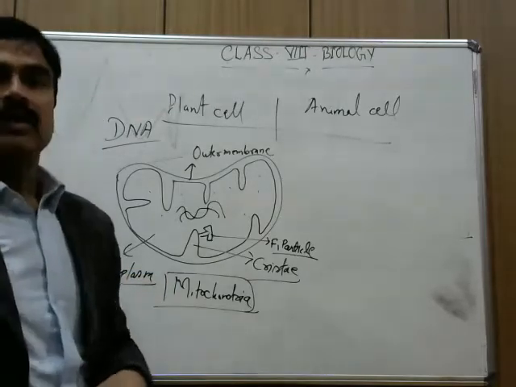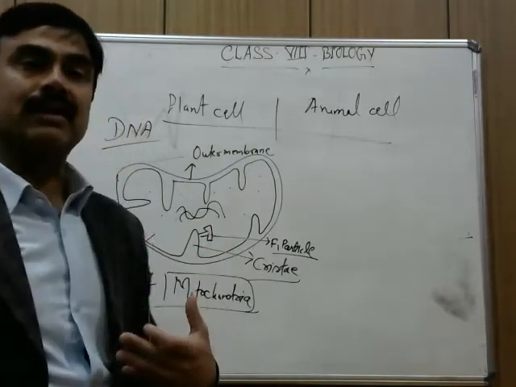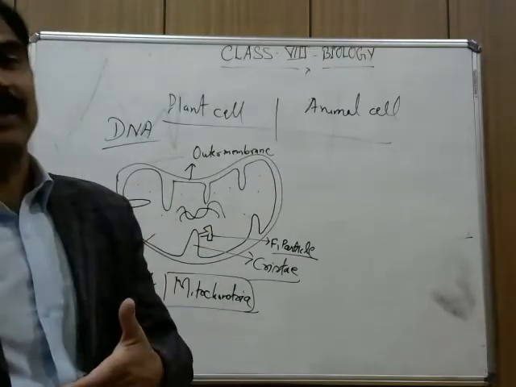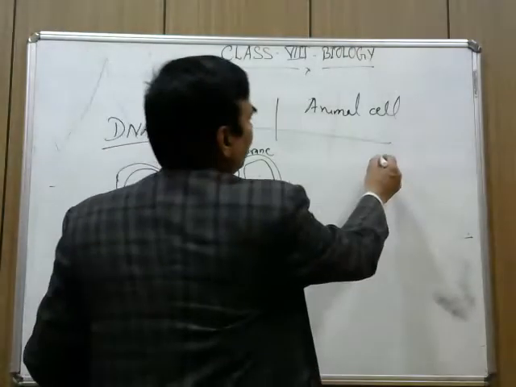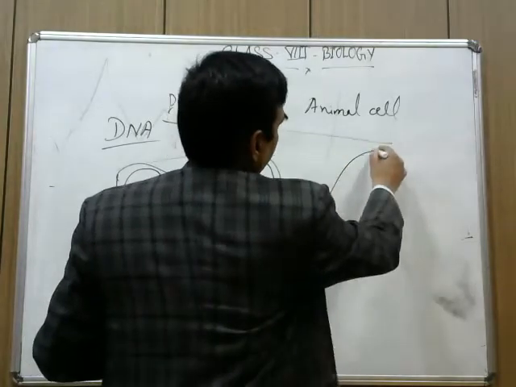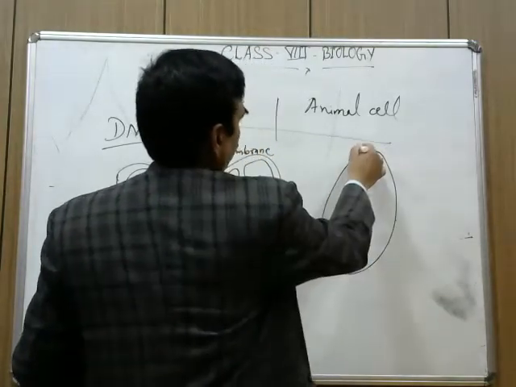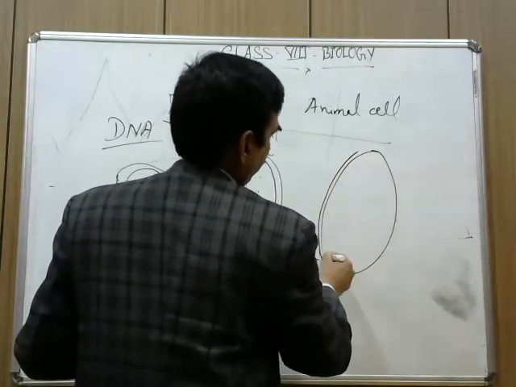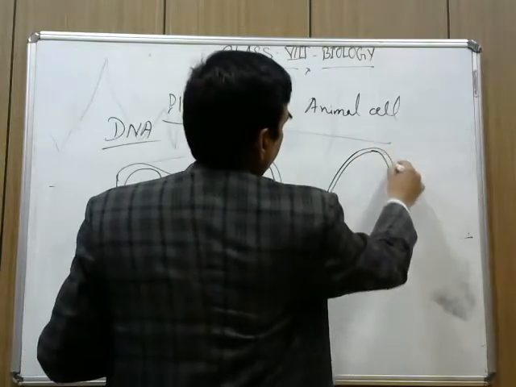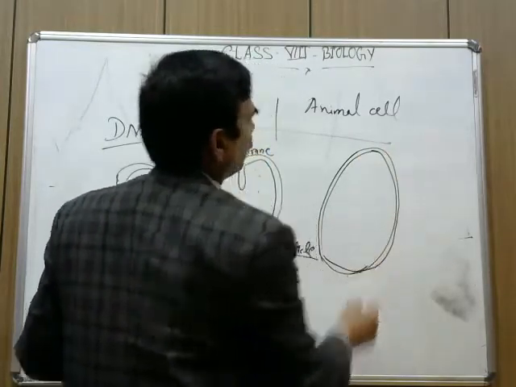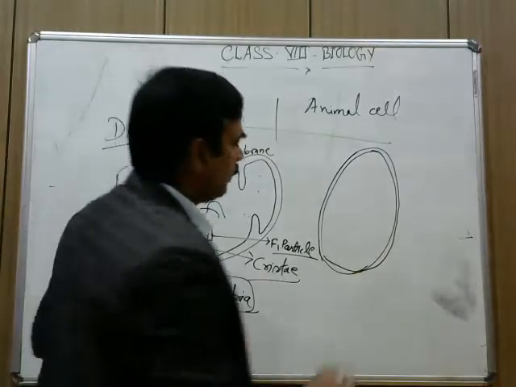Okay. So when we are moving to another structure that is present only in the plant cell, that is called the chloroplast.